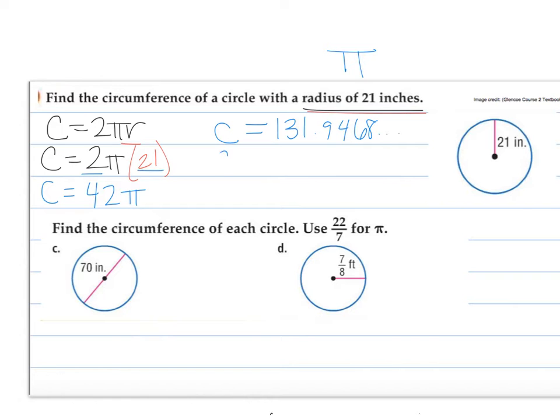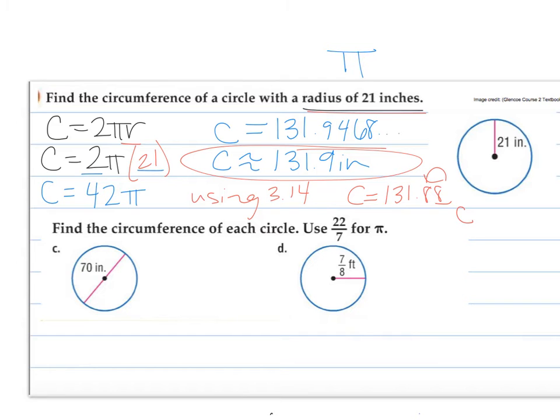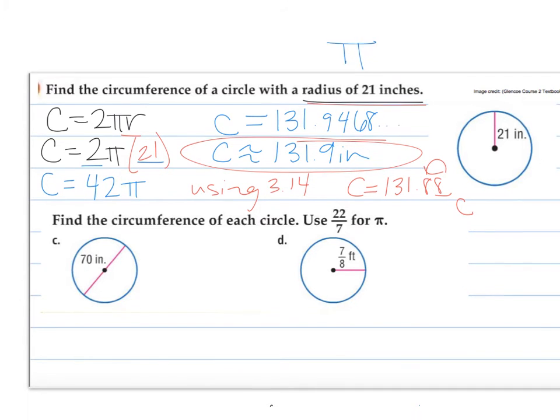It's going to keep going, so I can round to approximately 131.9 inches. Had I used 3.14, my answer would have been 131.88, which, notice, if I rounded, would still be the same thing. So it just depends on if you round sooner or later.